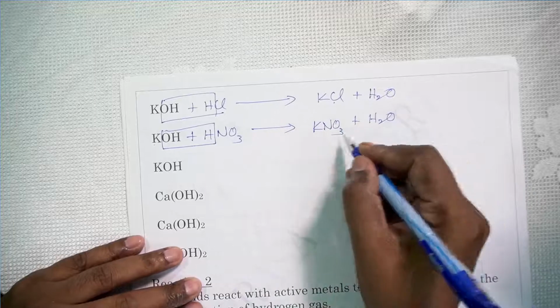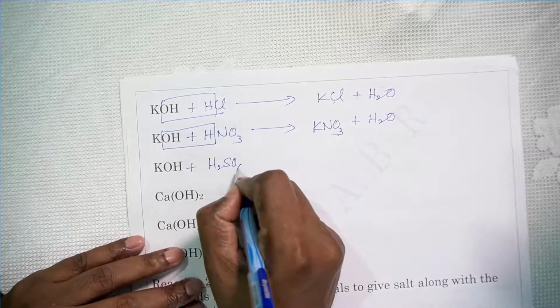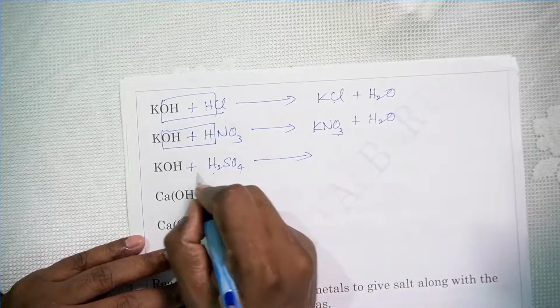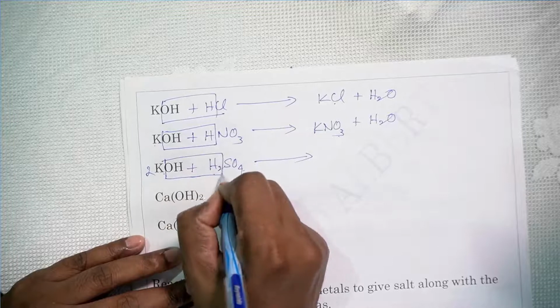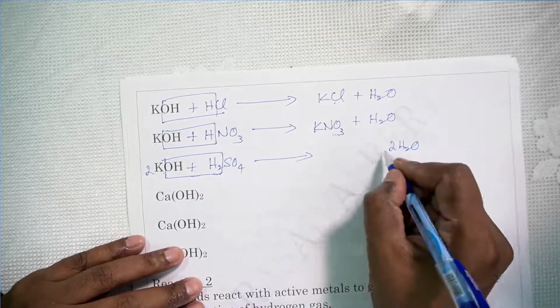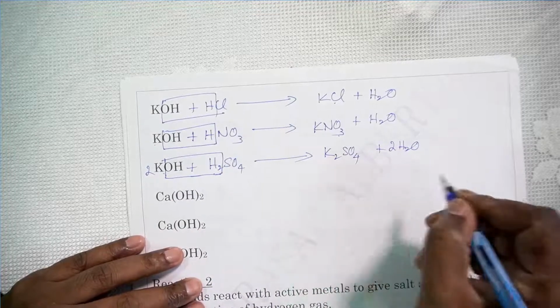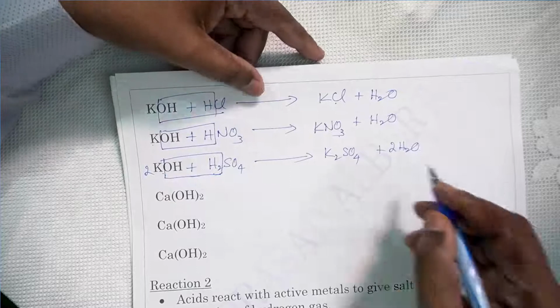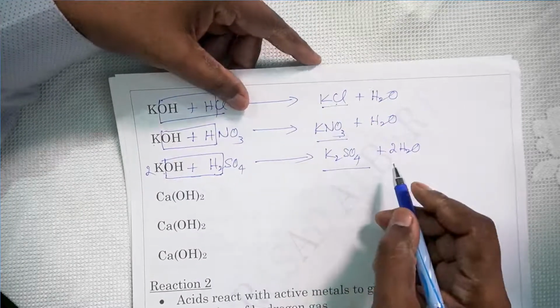With H2SO4, there are 2 hydrogens, so 2 KOH is required, 2 OH will be there. So you get 2 H2O, 2 molecules of water, and the remaining is K2SO4. So this is potassium chloride, potassium nitrate, potassium sulfate.